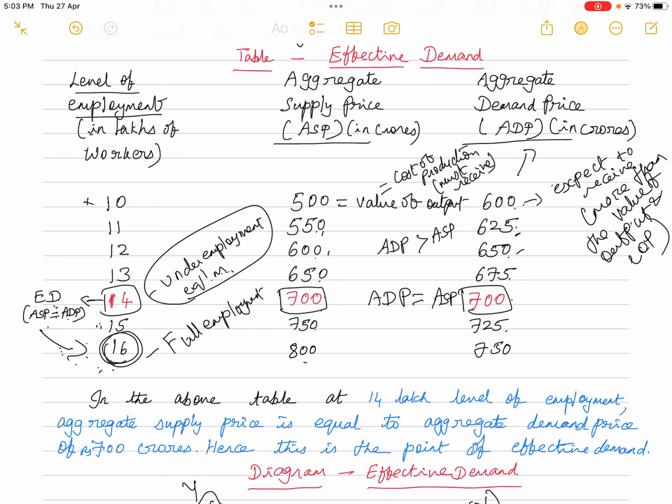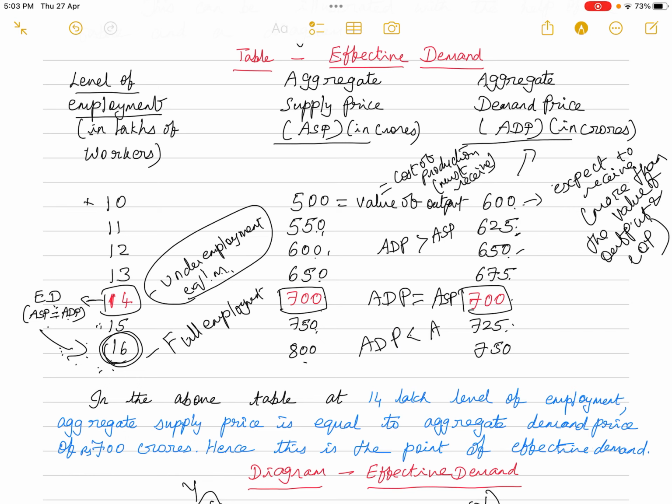So when the cost of production is 750 and they are expecting to receive only 725, that means they are going to make losses, isn't it? So when their expectation is lesser than their cost of production, why would they employ the labor force?